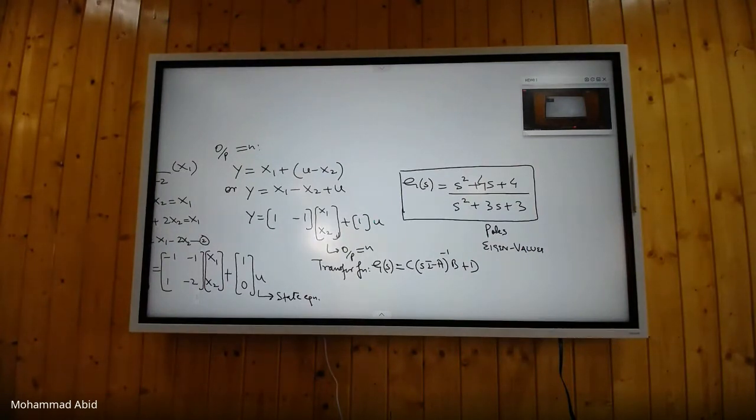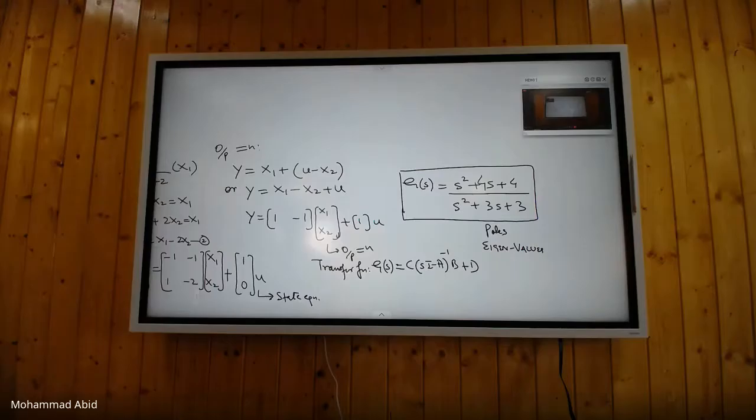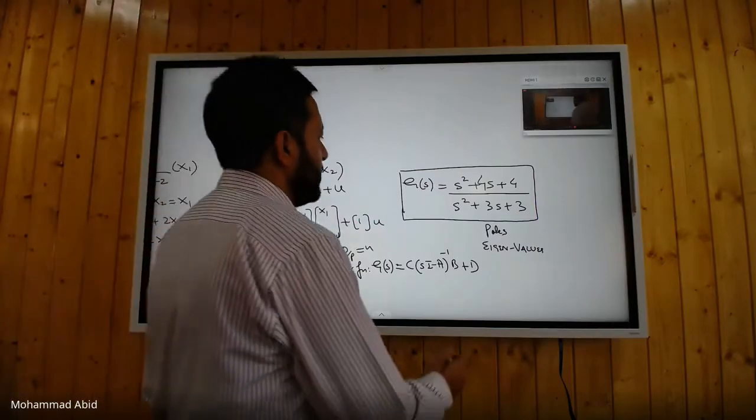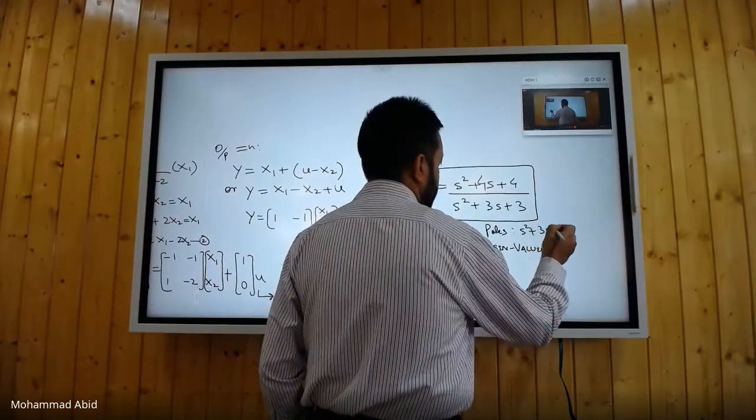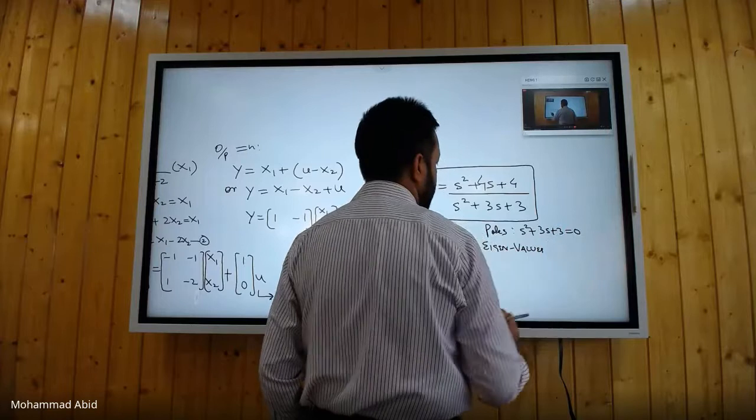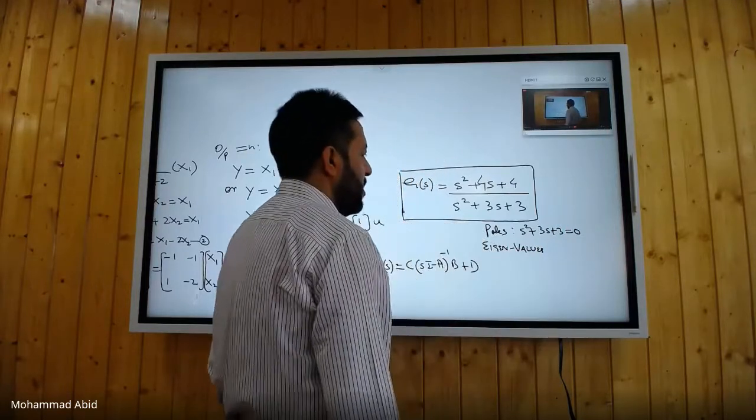Poles कैसे obtain करोगे आप? सर डिनोमिनेटर रूट्स ऑफ डिनोमिनेटर. Denominator equation बनाओगे आप, characteristic equation जिसको कहते हैं, और उसको solve करके you'll get the poles, isn't it? So you have this equation s square plus 3s plus 3 equal to 0. Just solve it and give me the values of poles.